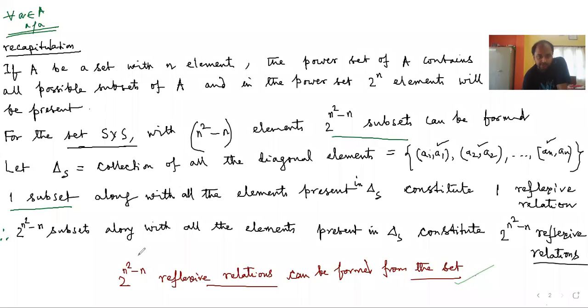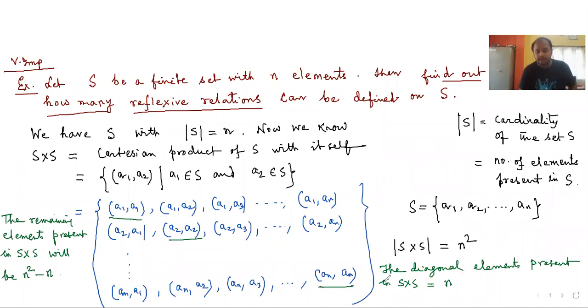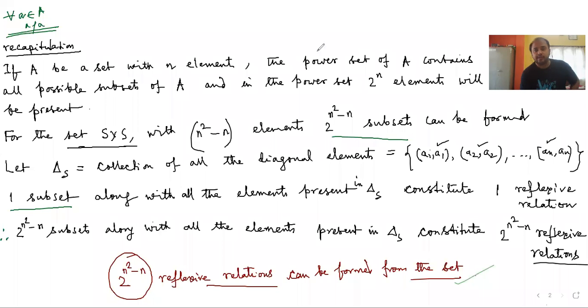So you have to recall, I posed this as a problem. I asked you how many reflexive relations can be defined on S. Now you have got your result, and now it becomes your formula.